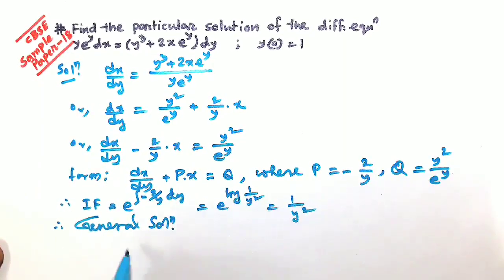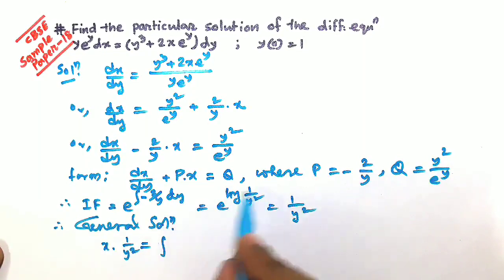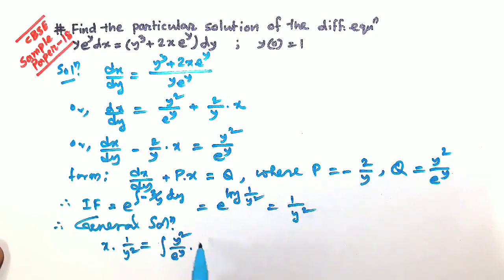Therefore, the general solution is now x into integrating factor, that is 1 upon y square, is equal to integration q into integrating factor, that is y square upon e to the power y into 1 by y square dy, isn't it?